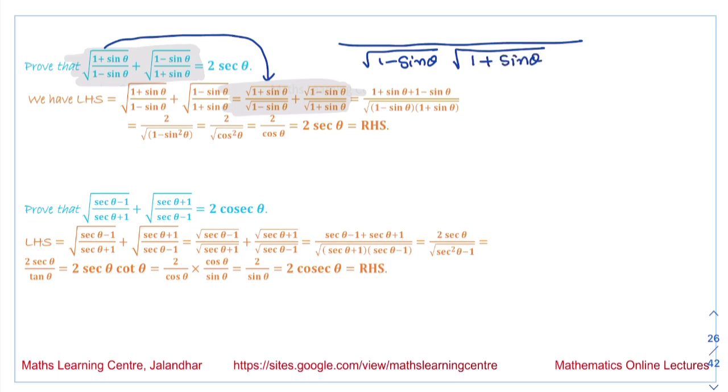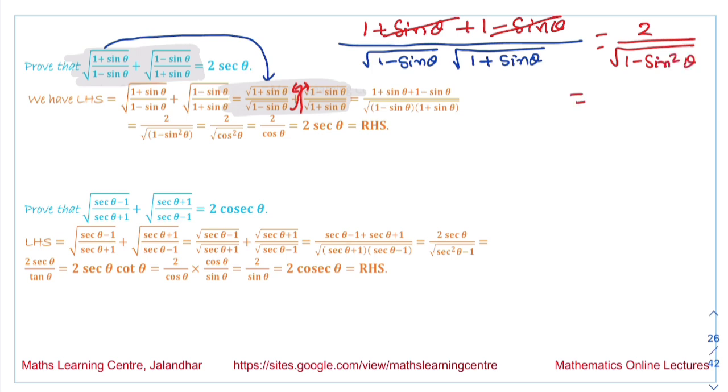Then in the next step, the numerator that we will get is 1 plus sine theta, and these terms are cross multiplied over here, plus 1 minus sine theta. So these two get cancelled and what we are left with is 2 over square root of 1 minus sine square theta. This is equal to 2 over cos theta, and that is equal to 2 times secant theta.